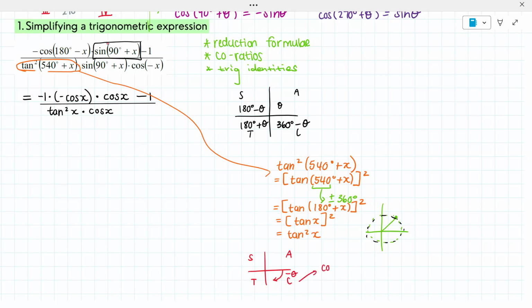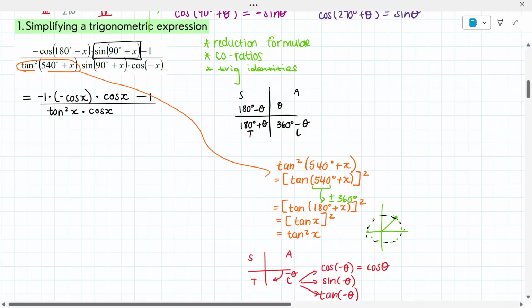Because cos is positive in quadrant 4, cos of a negative angle is actually just cos of that angle. However, sine of a negative angle and tan of a negative angle are both negative in quadrant 4, so you are then working with negative sine of the angle and negative tan of the angle. Those are the negative angles that we learned about in grade 11.